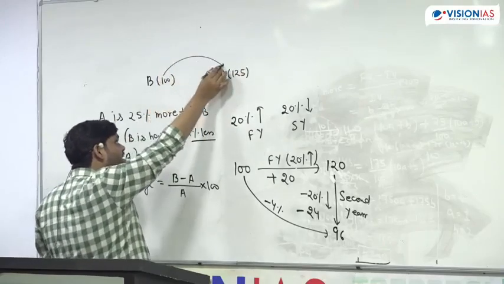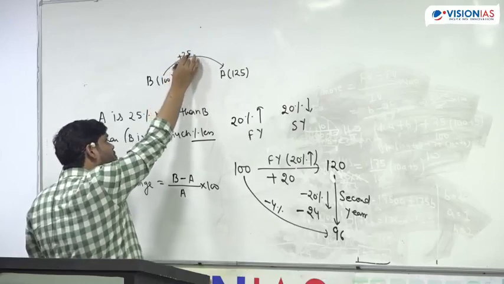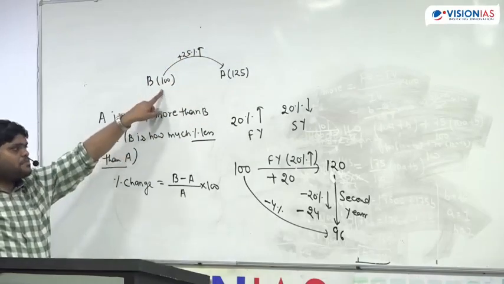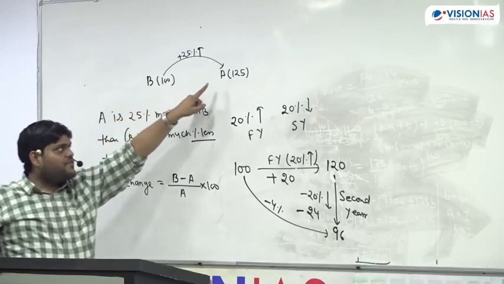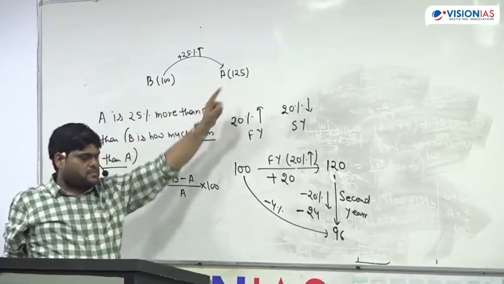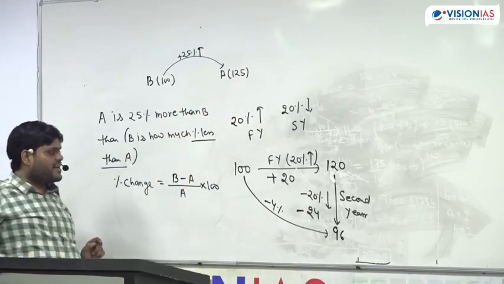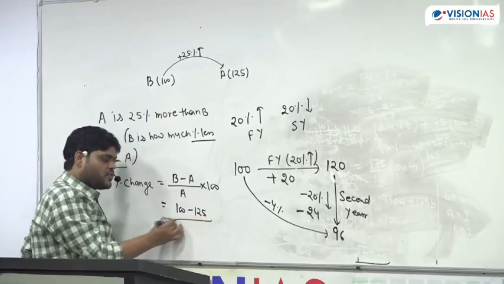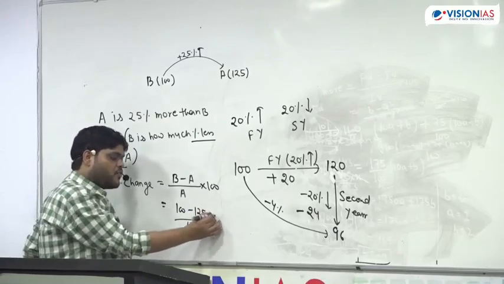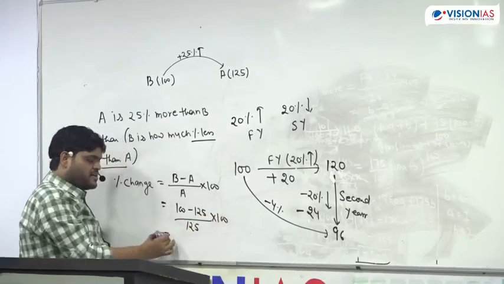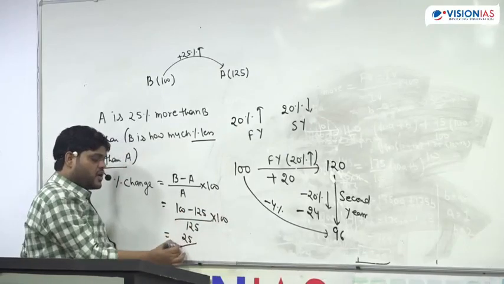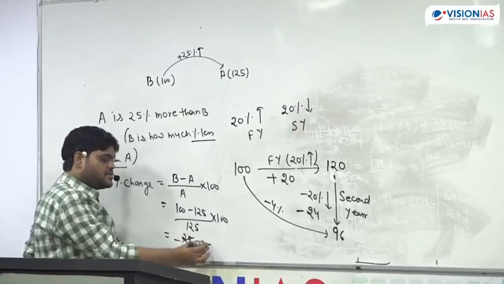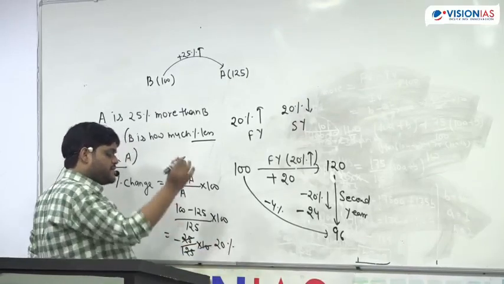Because A is 25% more than B. So simply we will put the value here. This becomes 100 minus 125 upon 125 into 100. If you solve 25 upon 125 into 100, this becomes 20%.